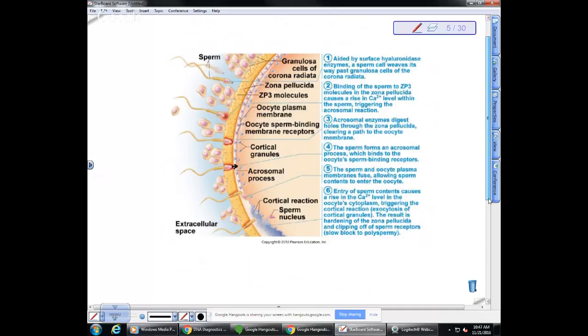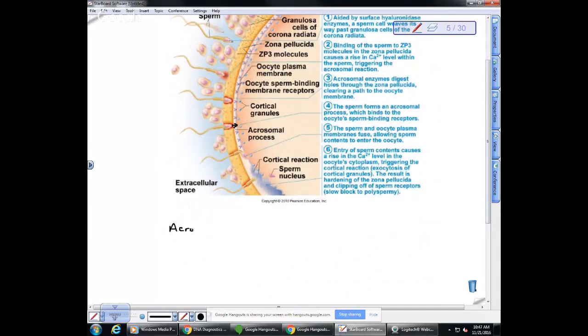So we'll say that the acrosomal process is where the sperm bind to species-specific receptors on the surface of the oocyte.